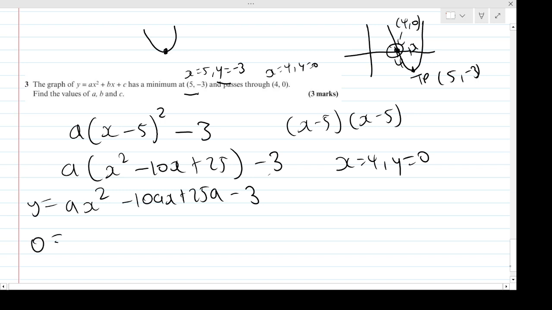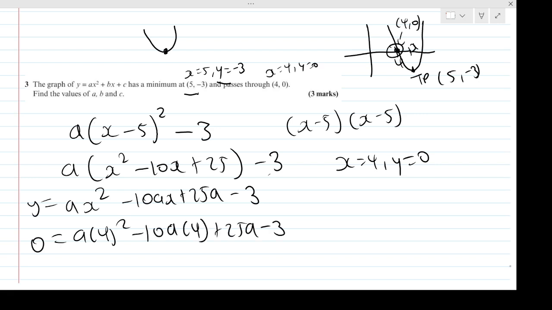So that means then 0 is a lots of 4 squared minus 10a lots of 4 plus 25a minus 3. If I were then to compute this in a calculator, that'd be 16a. 4 squared is 16 lots of a, minus 10 times 4, which is minus 40a, add 25a minus 3 equals 0.